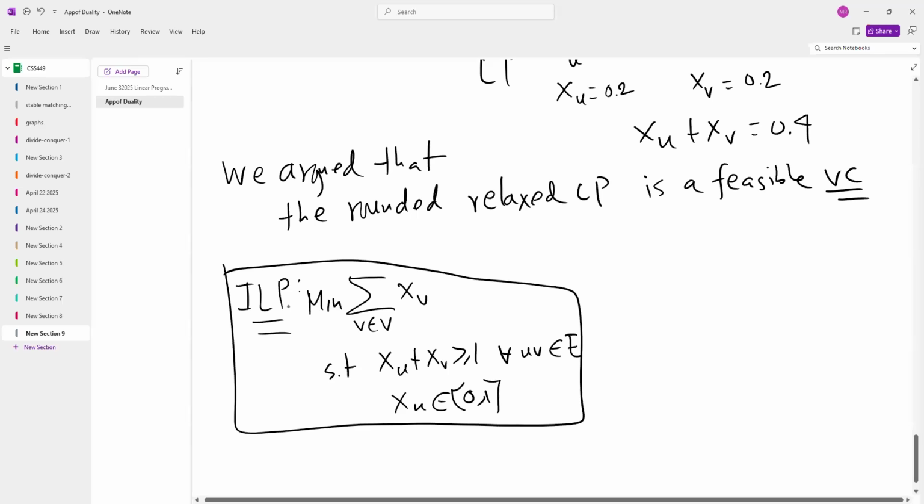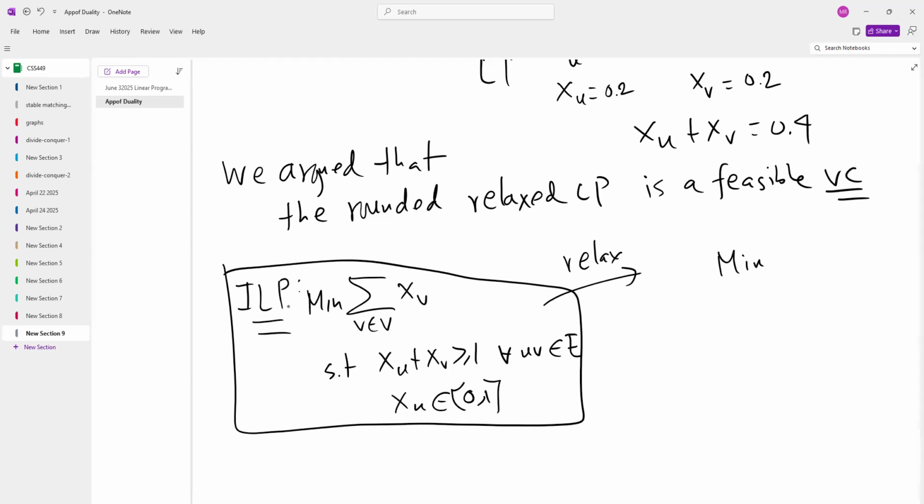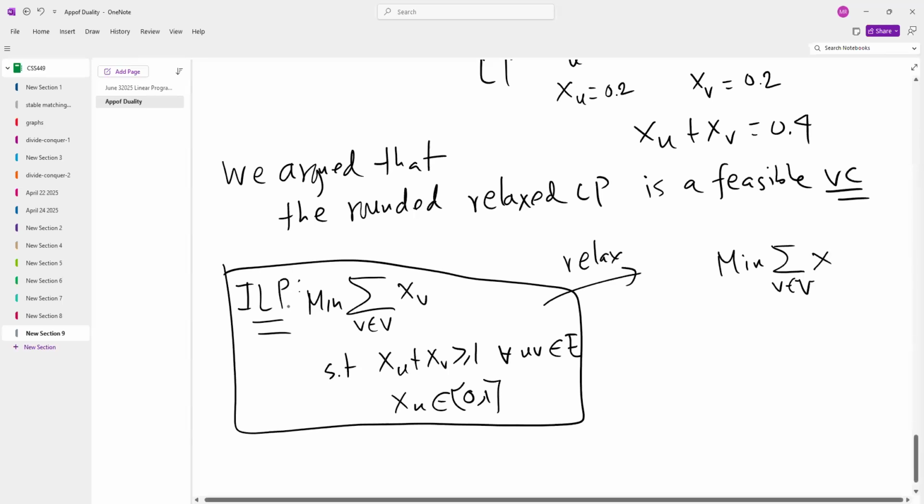And now we relax this, right? We do a relaxation and we get an LP. What is the LP? It's a relaxation and it's a different problem. It's a different linear program, separate from the ILP. They are connected, but it's a separate program, right? So it's going to be basically the relaxation of this, and because it's a relaxation, I'm just going to use a special symbol for it.